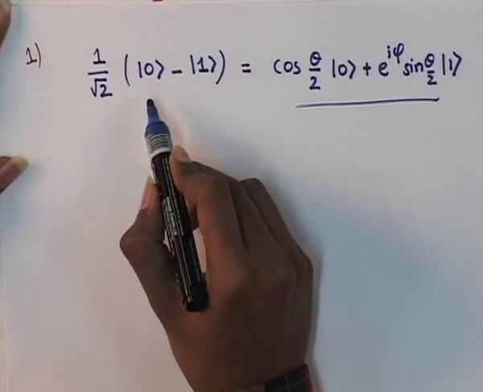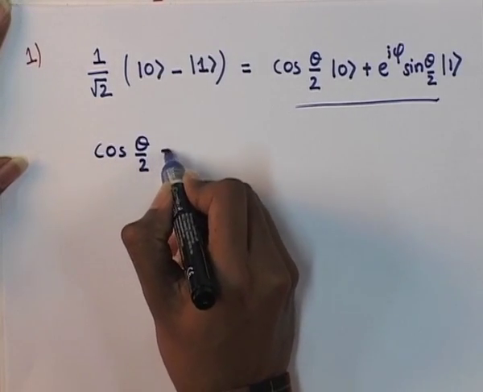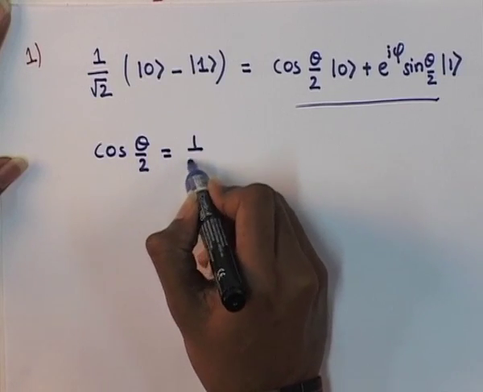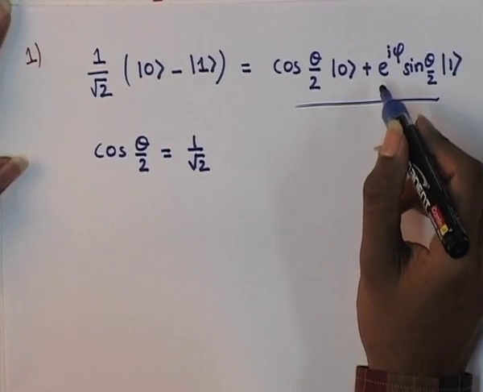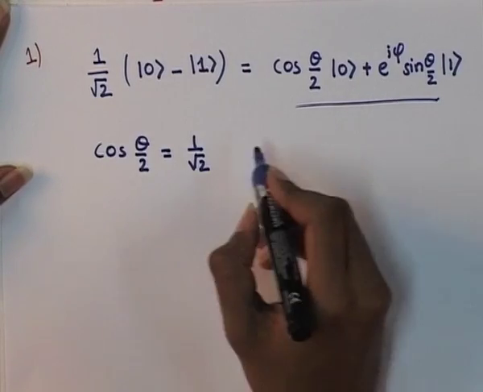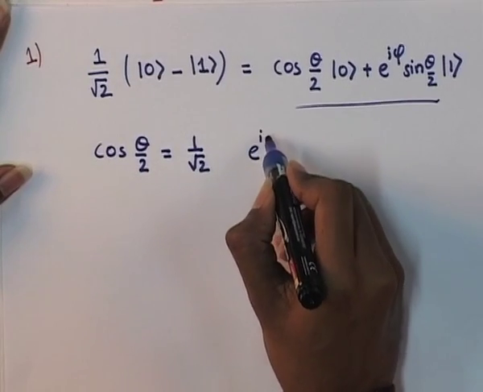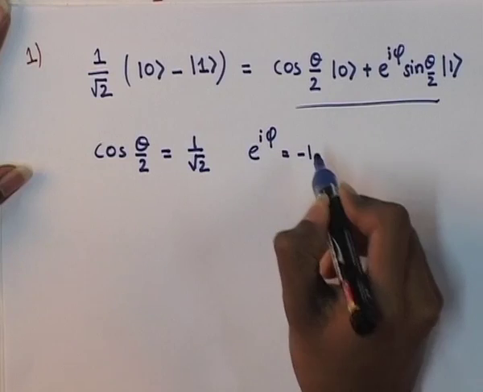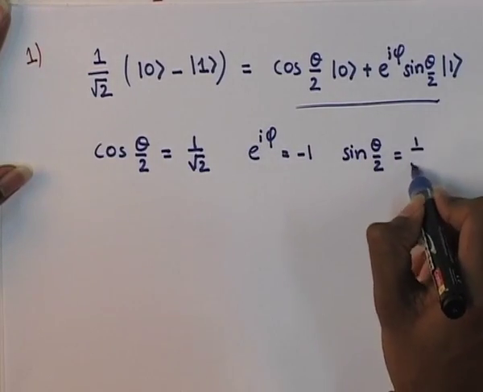By comparing the coefficients here, we see that cos(theta/2) is 1 by root 2, e^(i phi) is minus 1, and sin(theta/2) is 1 by square root 2.